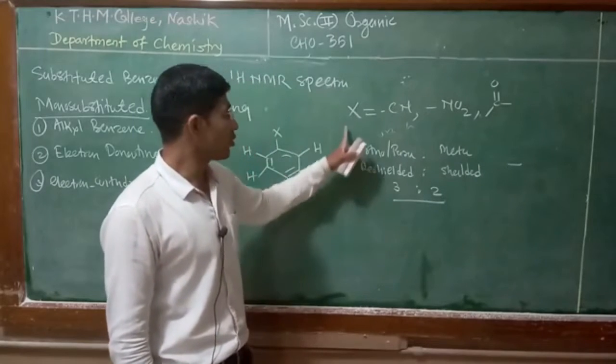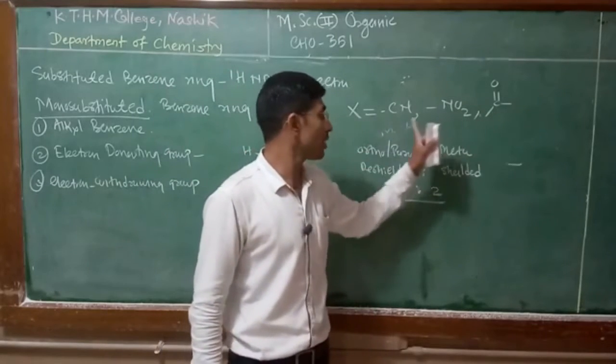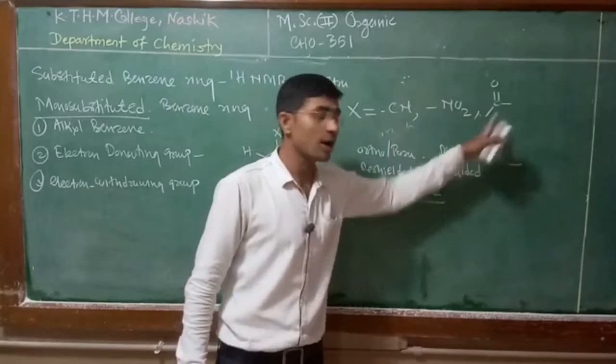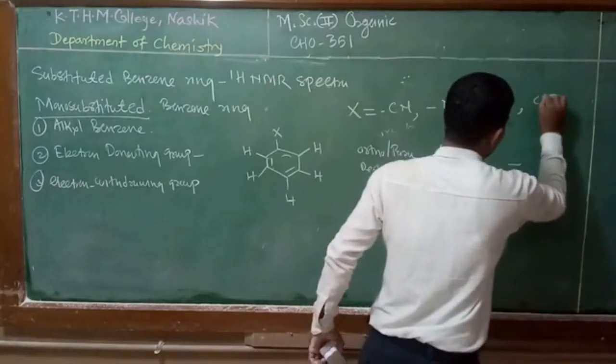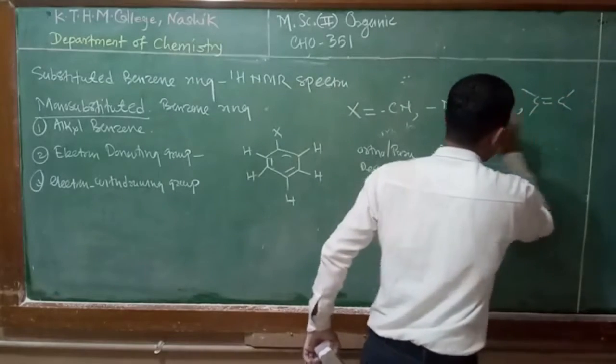Because of this electron withdrawing group like cyanide, nitro or carbonyl, when this group, or sometimes also a carbon-carbon double bond, is attached directly over this benzene, on the aromatic carbon, suppose I take a carbonyl group here, the benzaldehyde example.